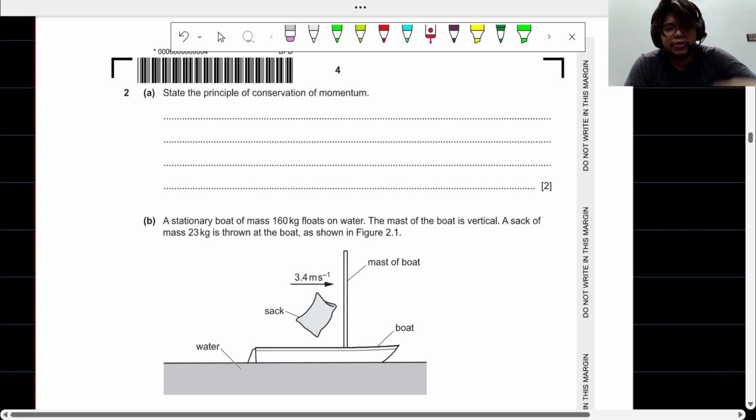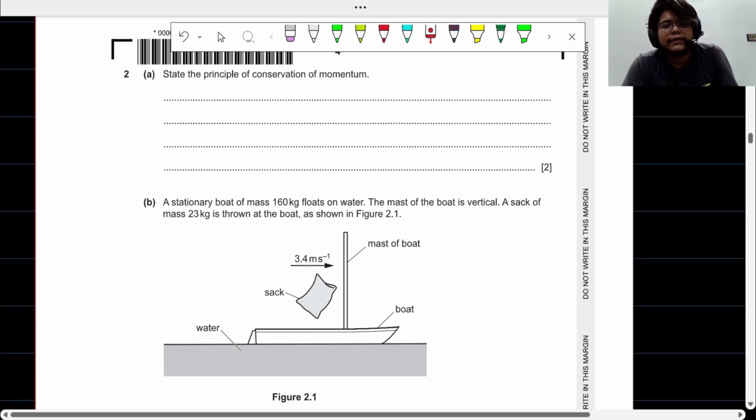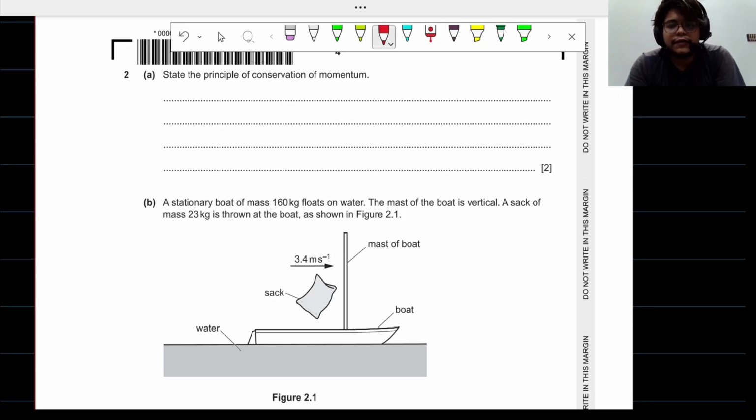In question number two, it says state the principle of conservation of momentum. You need to identify the keywords for this statement. The first keyword is that it is a closed system. Remember that this should be a closed system. By closed system we understand that no mass can go outside and no other mass can come inside, which means there would not be any external force.